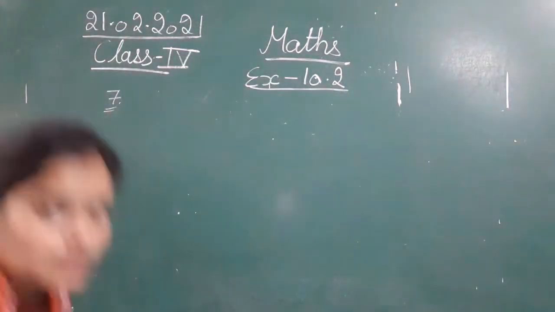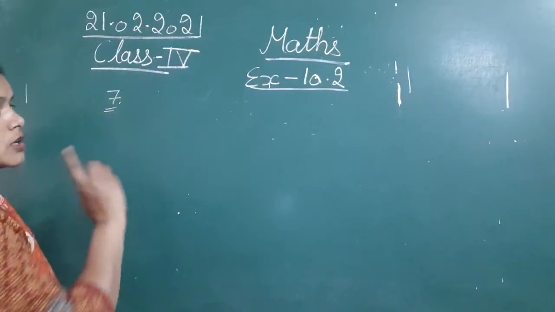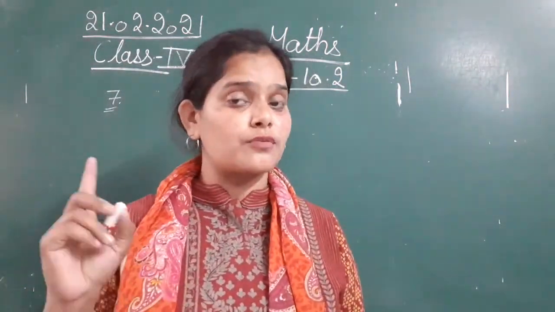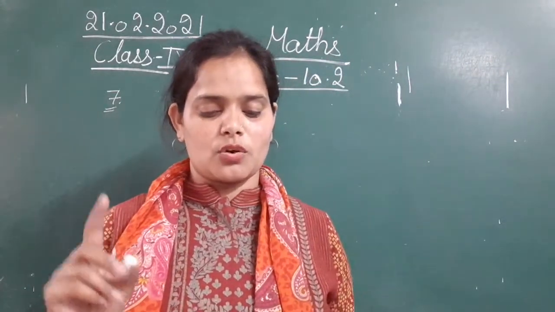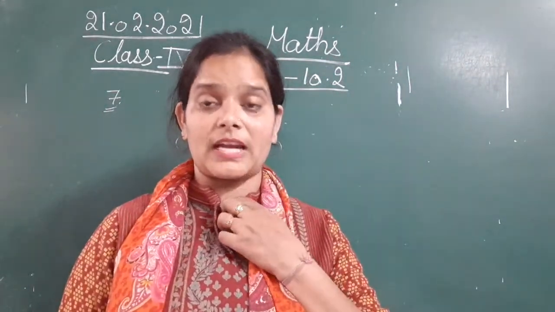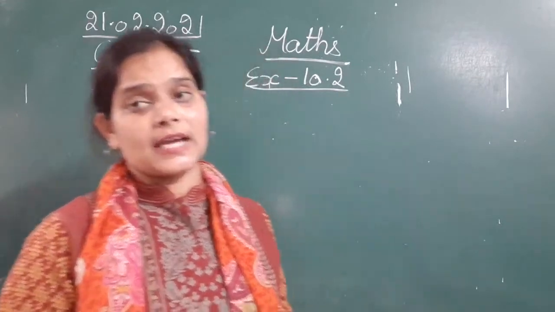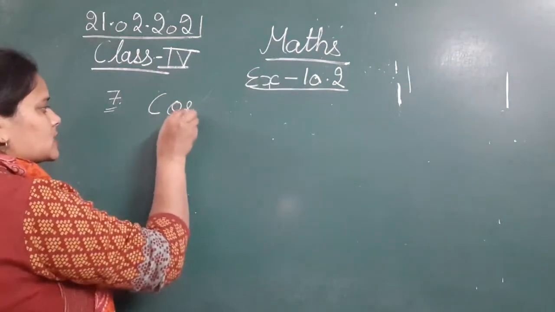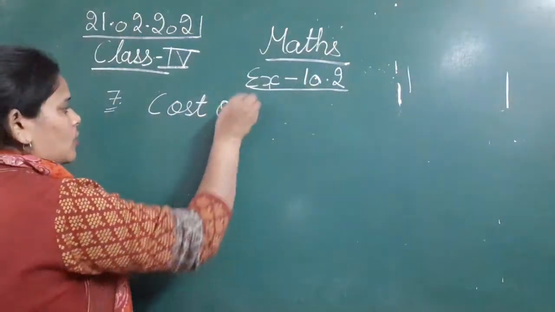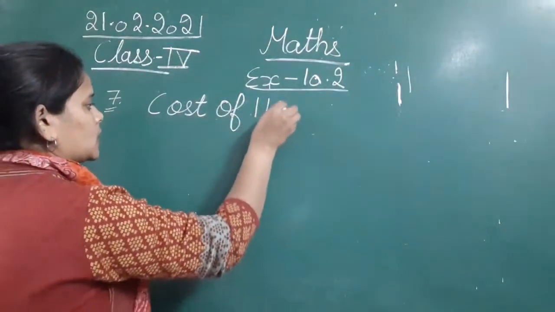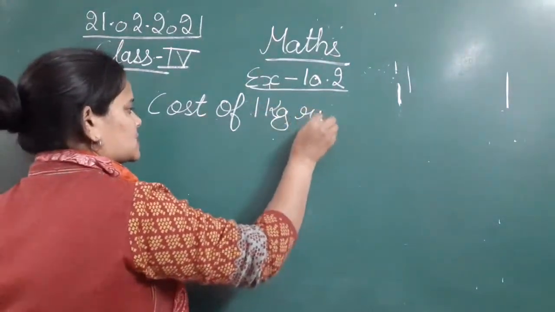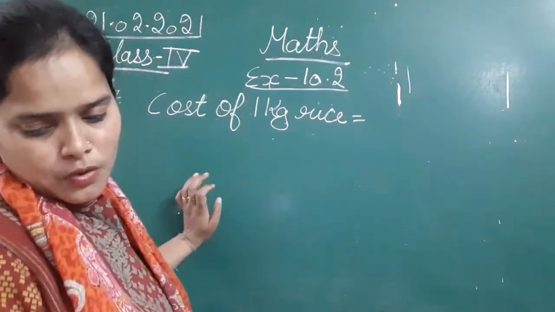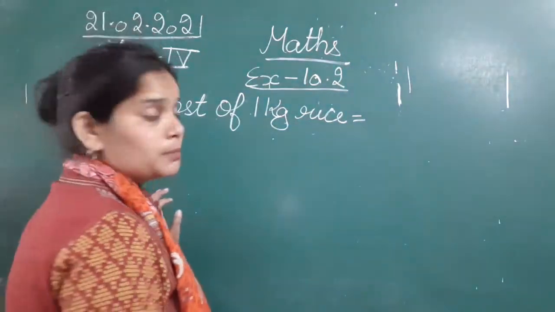So let's do question number 7. तो इसमें देखिए already क्या चीज़ दी हुई है? In this question the cost of 1 kg rice is given, that is 47 rupees and 20 paise.